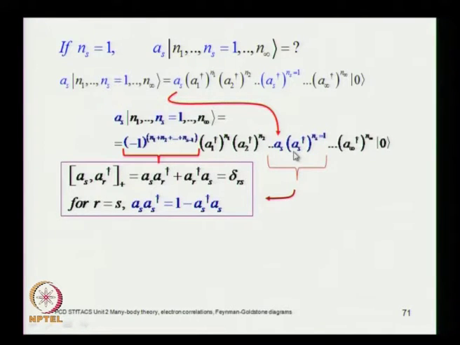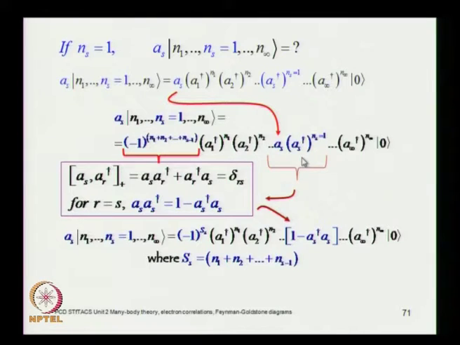And now if you want to move it further to the right, you will get 1 minus A_S dagger A_S, okay, because these two labels are now the same. So, this label was different from all the previous labels, but it is exactly the same as this label. So, you get 1 minus A_S dagger A_S. So, now again you get two terms, one coming from 1 and the other coming from this minus A_S dagger A_S, right.